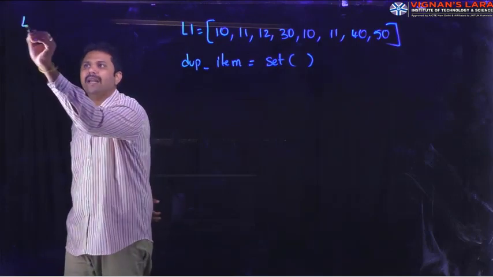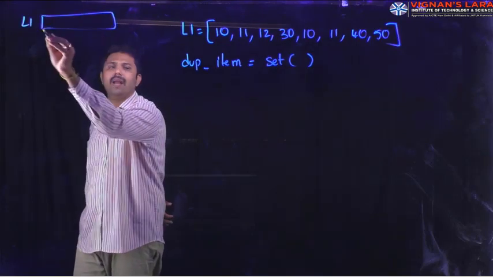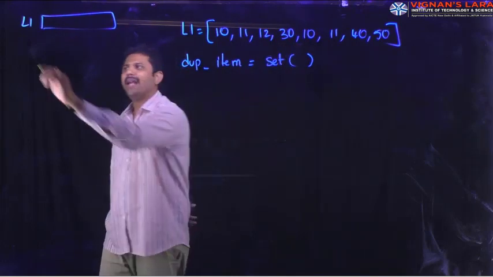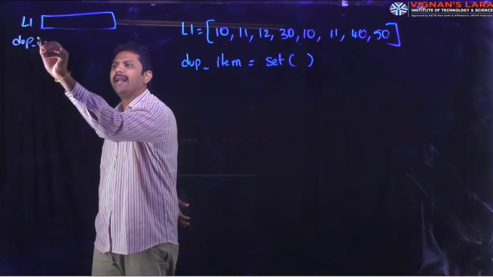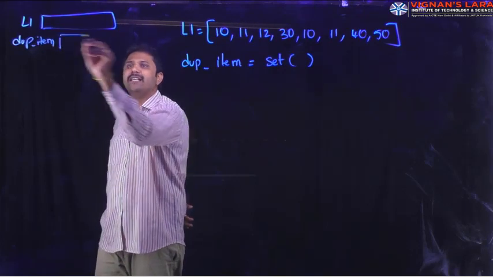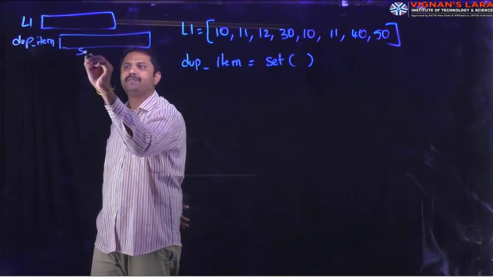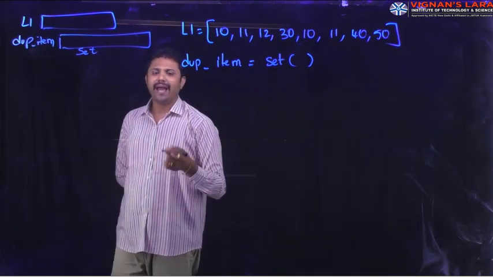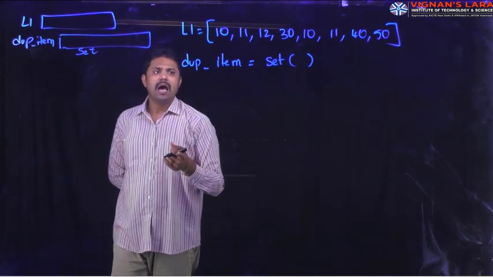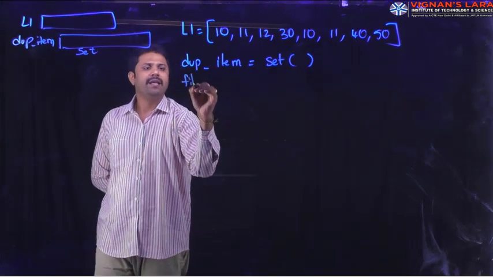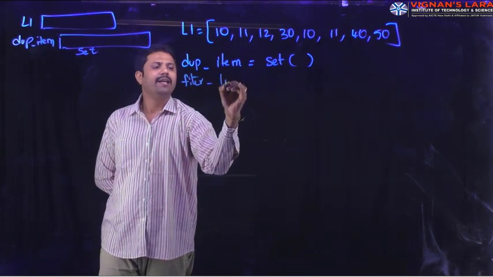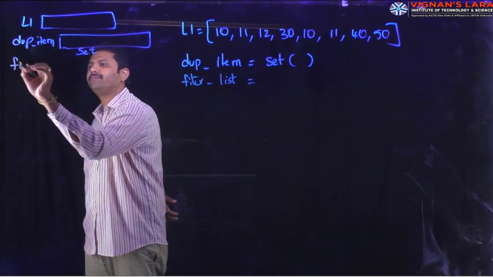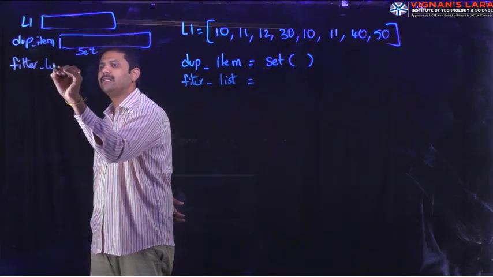So I have list L1 and that list contains the information what we have, and next I have duplicate items. This is not a list, this is a set. And next I'm going to create one more list, that is nothing but filter list.